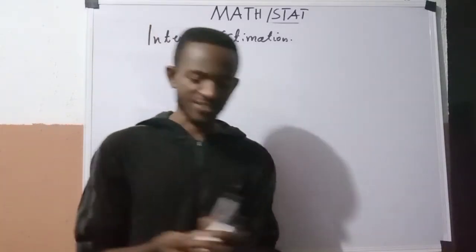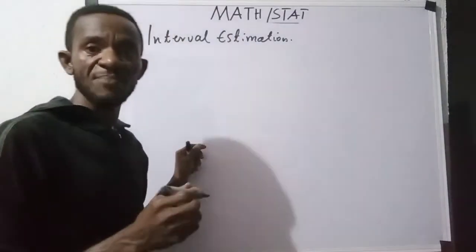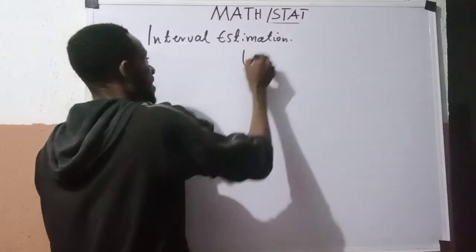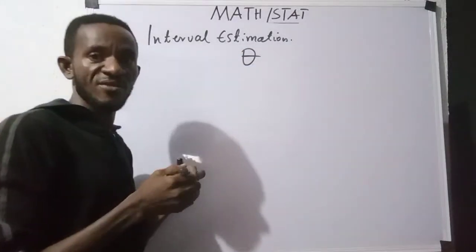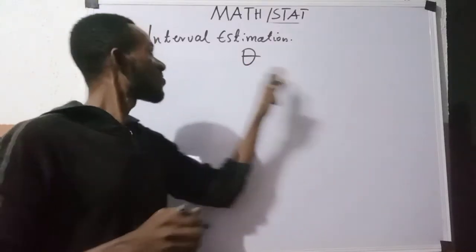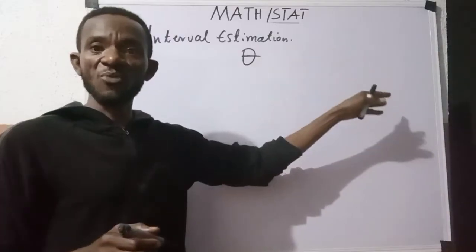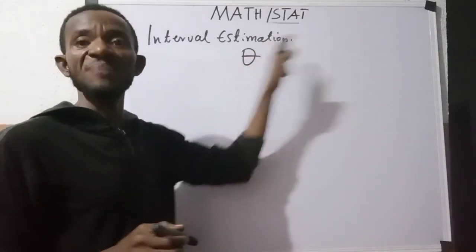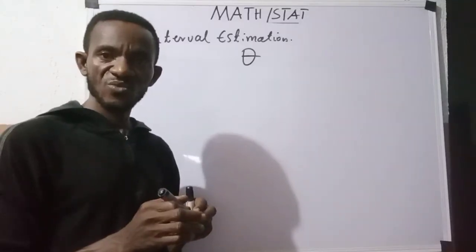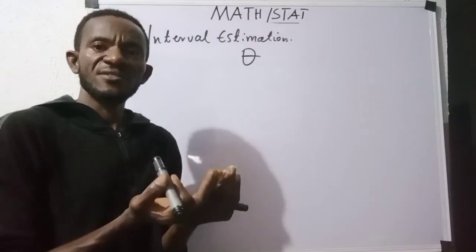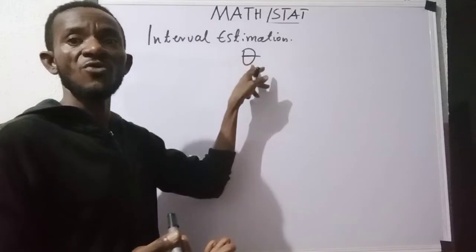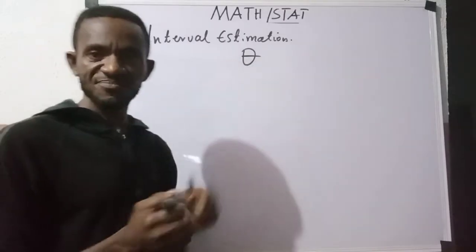That is, for instance, the population parameter is given as theta, where this theta could be the population mean, the population proportion, the population variance, or any other population characteristic. We are now trying to obtain the interval that is going to bound or contain this unknown population parameter theta.